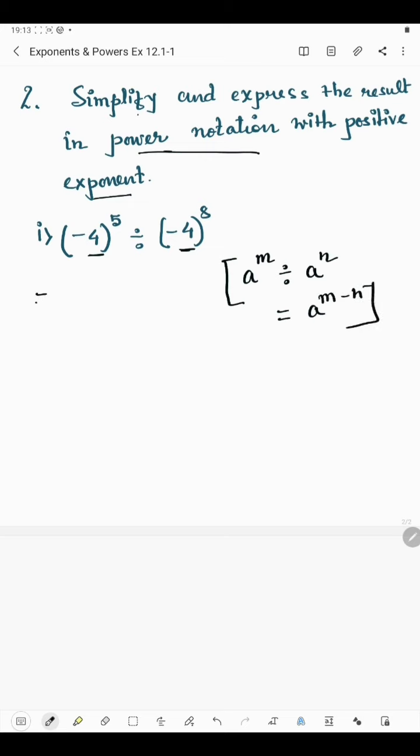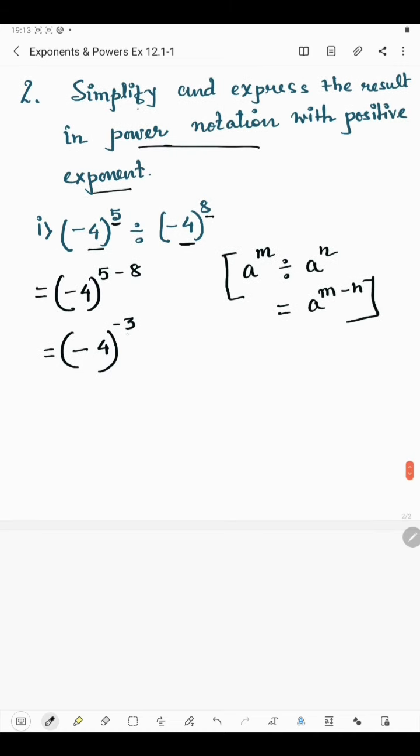So the base is minus 4 here and we will subtract the powers, which is 5 minus 8. So minus 4 raised to the power 5 minus 8 is minus 3, because plus 5 minus 8, so 8 minus 5 is 3, and since the sign of 8 is greater, we'll put a negative sign here.